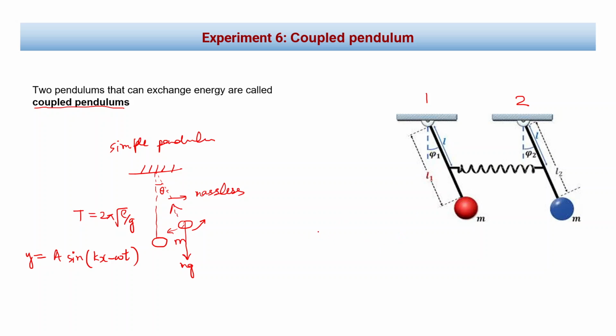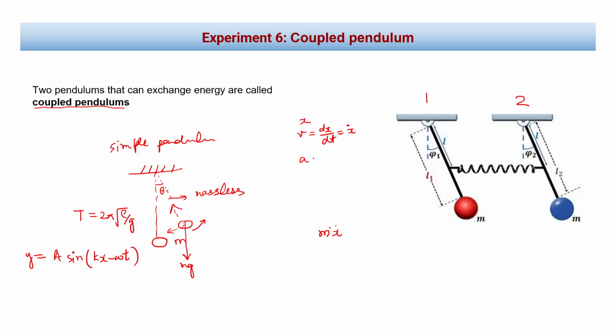So it will be m x double dot, x double dot is acceleration actually. In case somebody doesn't know, x is displacement, right, and velocity is dx by dt. Another, simpler way to represent it is x dot, which means derivative of x.